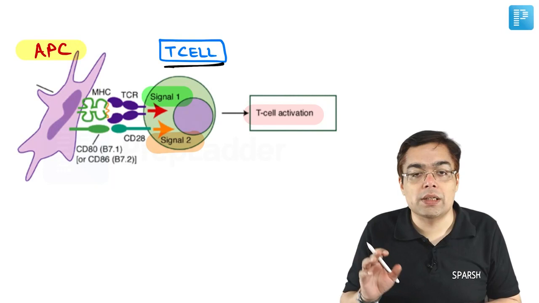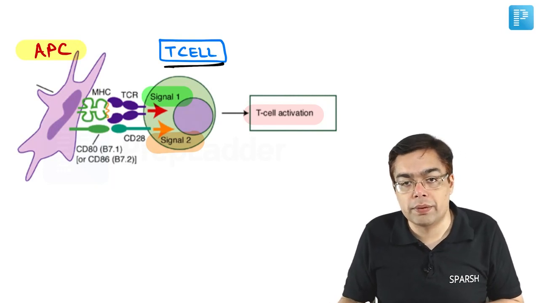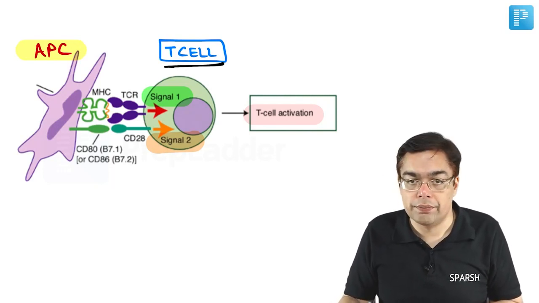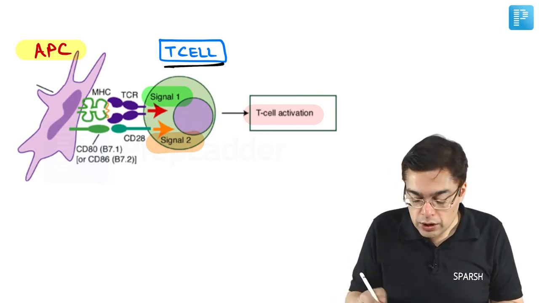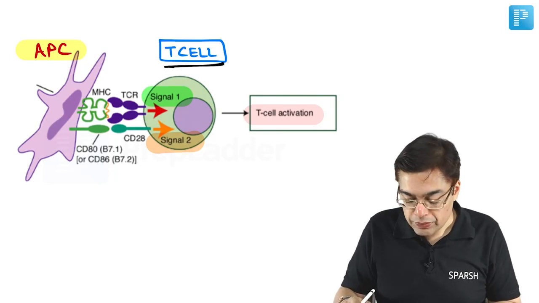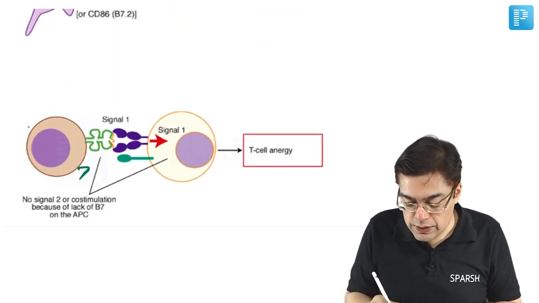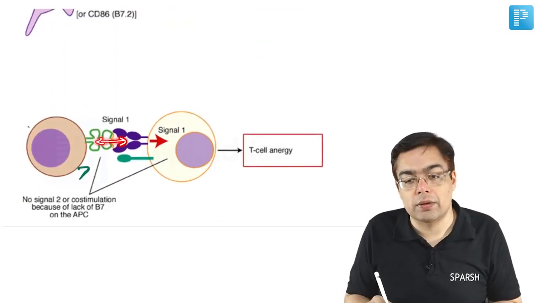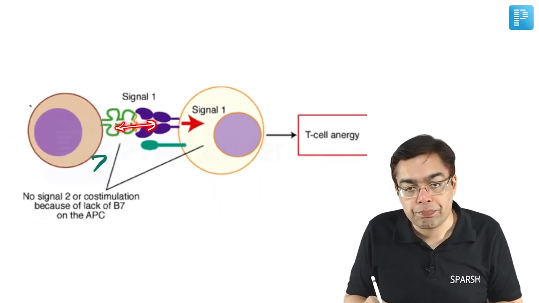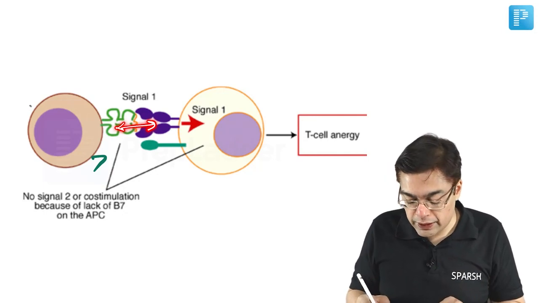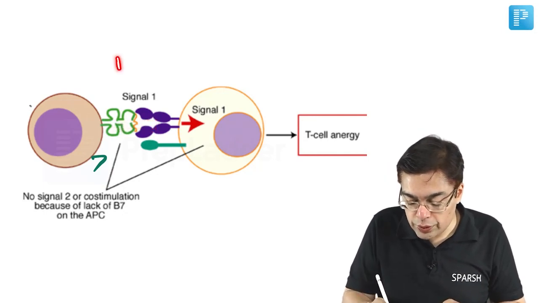Now this is exactly what takes place at the time of presentation of an external antigen. By some chance, let us say we have the presentation of a self antigen by APC. In such a situation, yes, there is a generation of signal 1, because the antigenic peptide has been presented. But in the case of self antigens, there is no co-stimulatory signal.